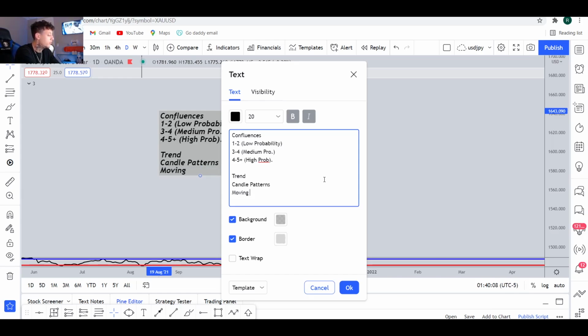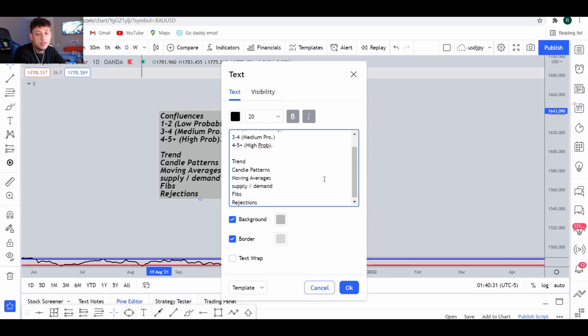We have moving averages. We have the trend, we have candlestick patterns, we have supply and demand. We have fibs. We have rejections, right? These are all different types of confluences.